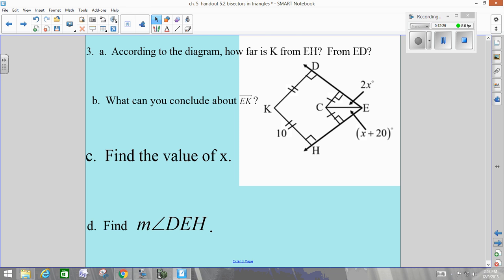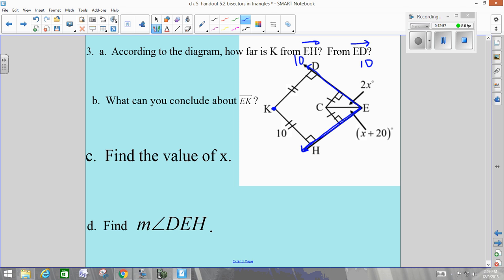According to the diagram, how far is point K, here's point K, from ray EH, here's ray EH? How far apart are they? 10. The distance from K to EH is that perpendicular segment, so they're 10 away. How about how far is point K from ray ED? Why?